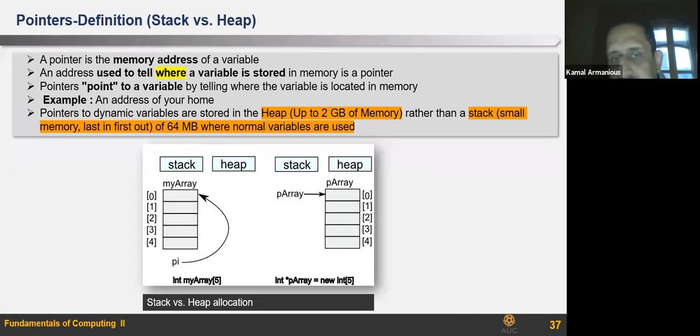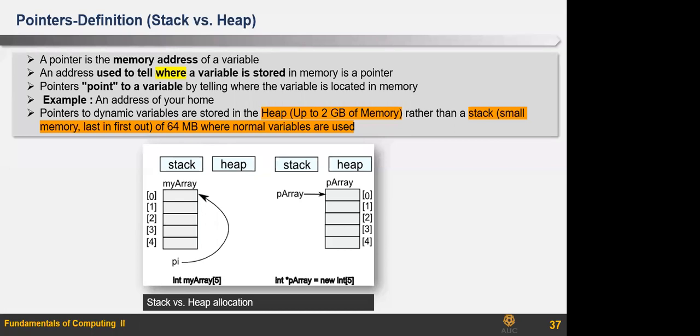in the previous lecture we spoke about the stack and the heap. Can anyone tell me the difference between the stack and the heap? The stack is a static memory where static variables and static arrays are stored, while the heap is dynamic memory where we depend on dynamic allocation.